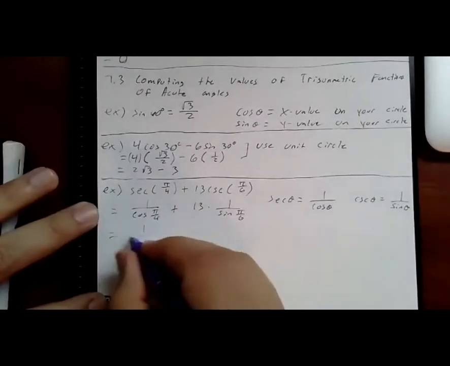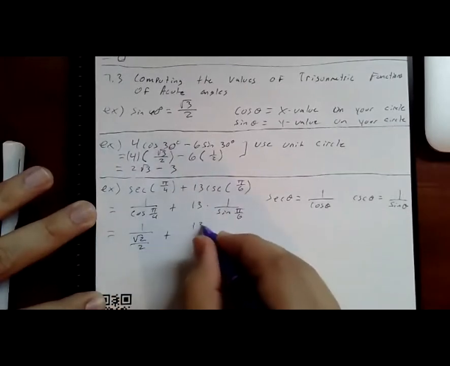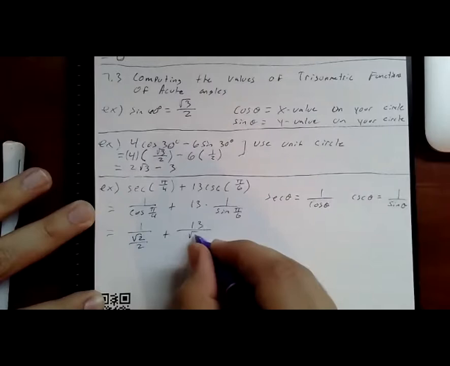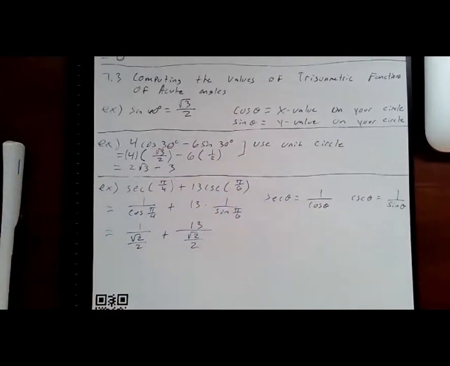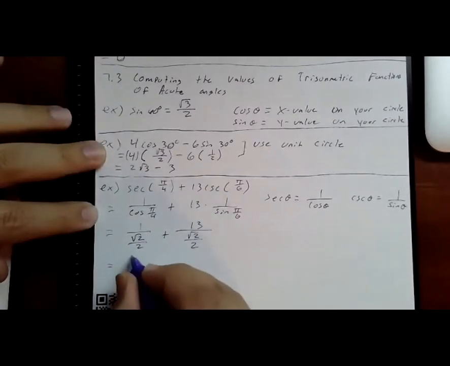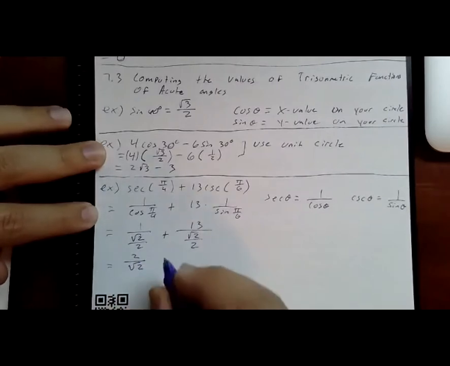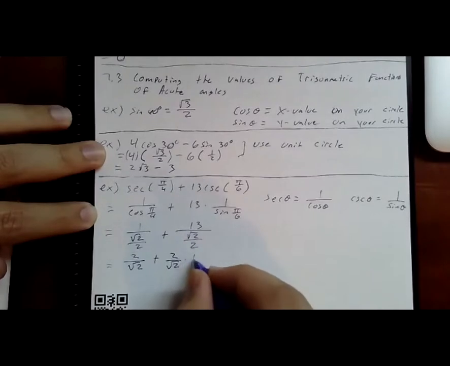I'm going to put the root 2 over 2 at the bottom. 13 is going to chill up there. This will be root 2 over 2. We have to divide those fractions, which means you flip or multiply by the reciprocal, right? So this will be 2 over root 2 plus 2 over root 2 times that 13.